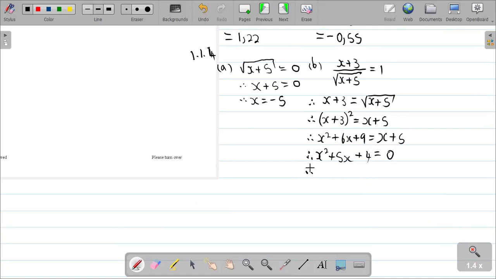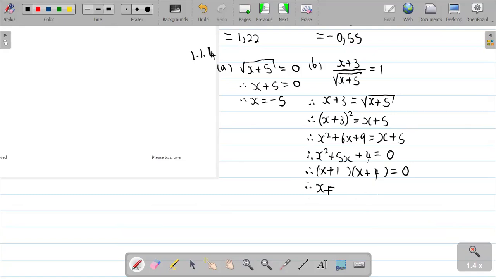So we factorize, equals 0. Plus 1, plus 4. So it means, therefore, these are the factors here.